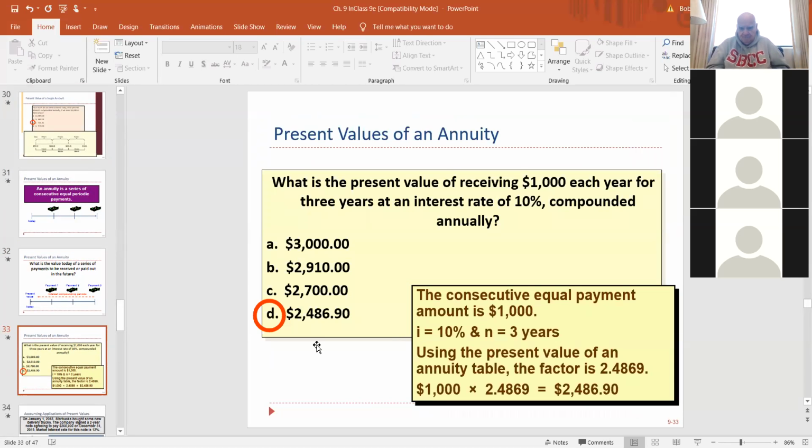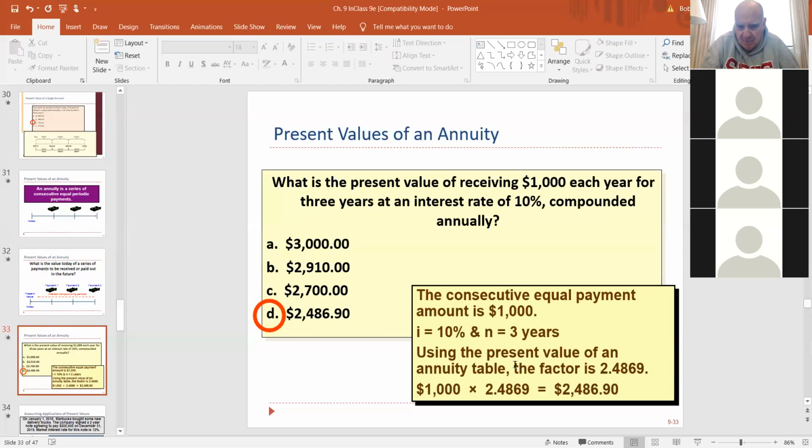Okay, let's look at this here. We don't have the table in front of us, but they went to the table. They went to the table, 10%, 3 years, and look what the conversion was. Let me start again, sorry. $1,000 a year for the next 3 years, that $3,000 annuity, is equal to getting $2,486.90 today.